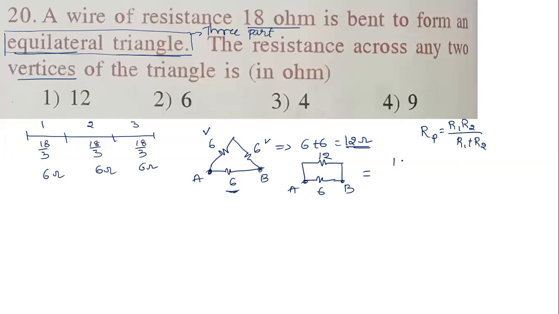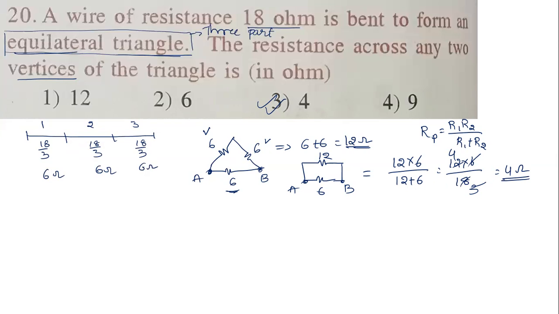So it becomes 12 into 6 divided by 12 plus 6, which is 72 by 18, so we get 4 ohm. This is the answer: 4 ohm. That is done.